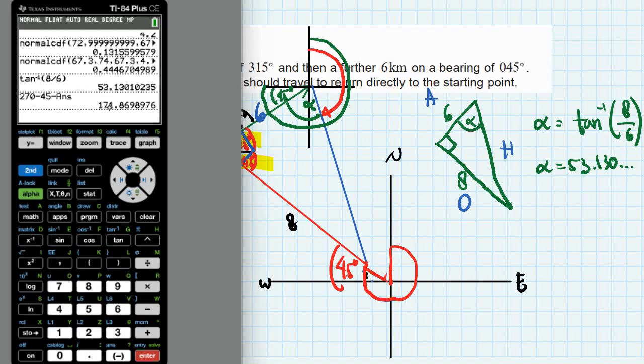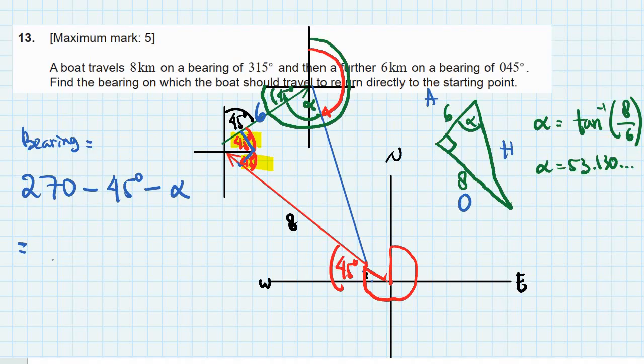Enter. We have 171.869, so the bearing is approximately 172 degrees.